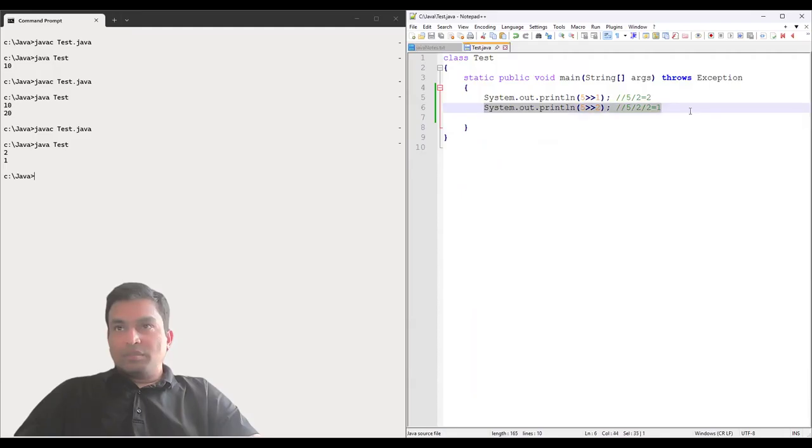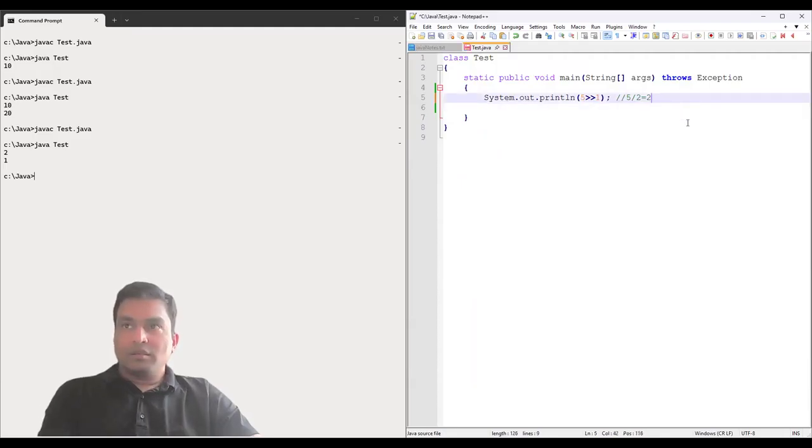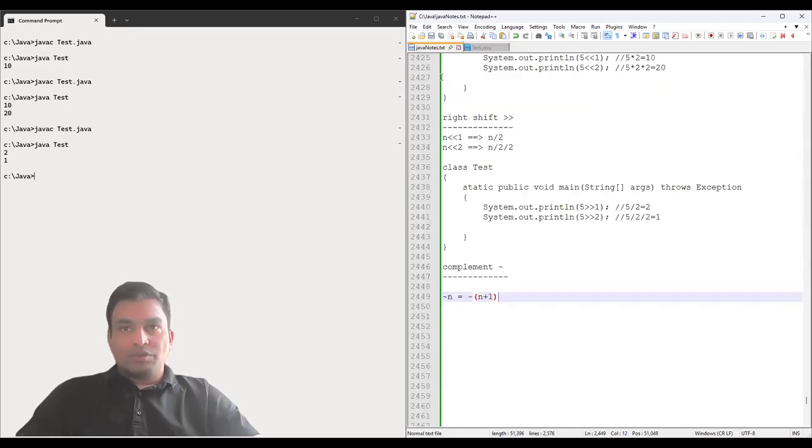For example, I'll take the complement of 5, and our answer should be negative of 5 plus 1, which is negative 6. Let's execute this program and validate the formula. It's going to be -6.